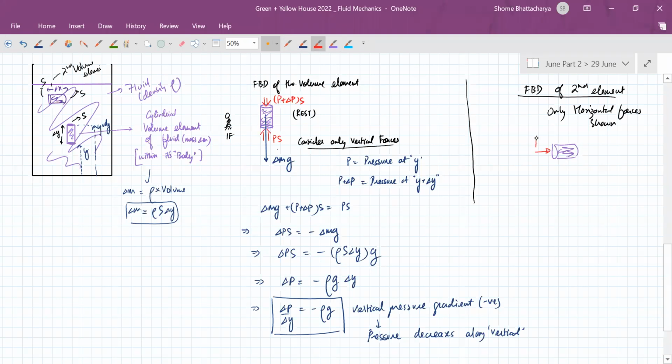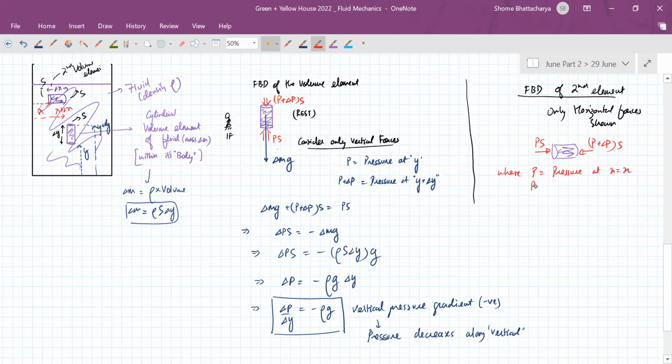So if this is the force due to pressure, now this should be P plus delta P. But here P is basically the pressure at some x coordinate. So P plus delta P is at an x coordinate of x plus delta x. So this is where P is the pressure at x equal to x.